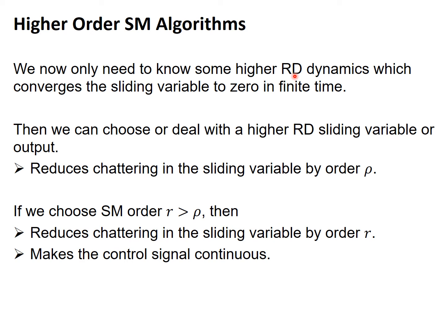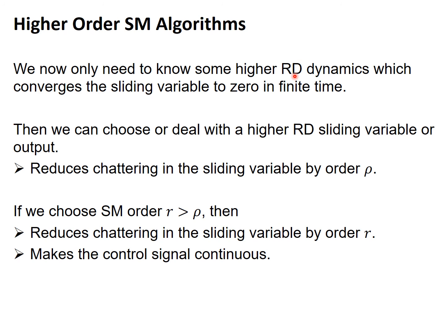We must have some reaching law. Previously we knew reaching laws: S dot equals minus sign S, S dot equals minus k S minus mu sign S, and we were sure that they would bring the sliding variable to 0 in finite time.